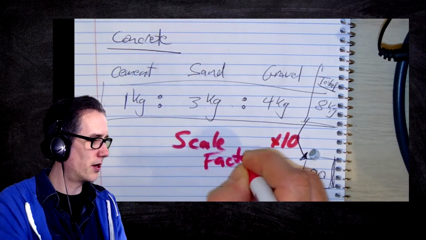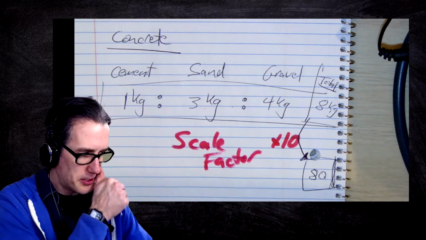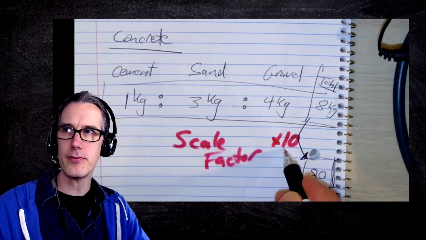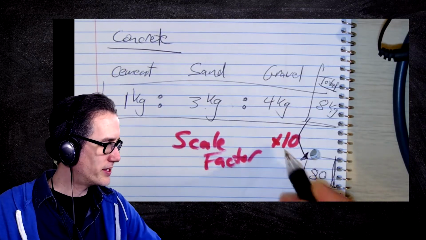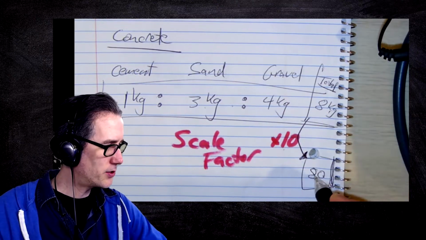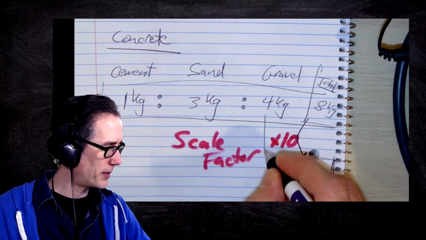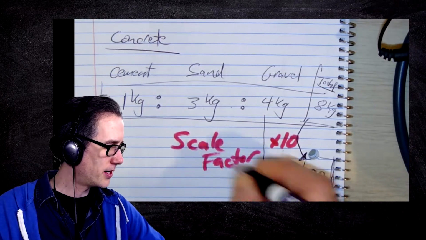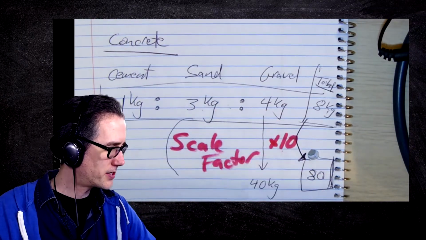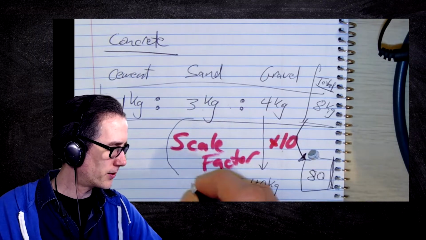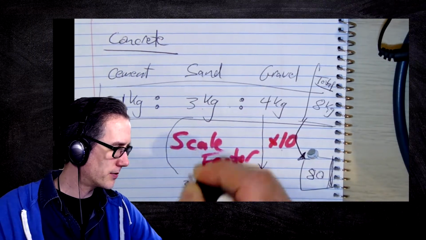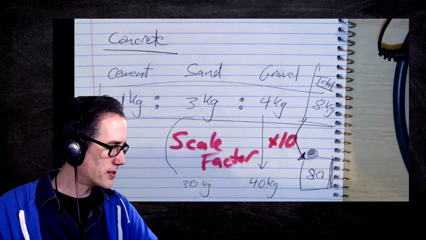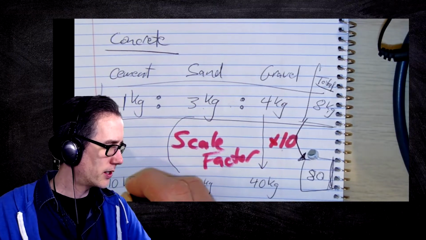It's 10 times, right? So, I increased this by 10 times, so that means I need to increase the gravel by 10 times as well, giving me 40 kilograms. Sand needs to increase by times 10 to be 30 kilograms. And my cement, my Portland cement, gets to increase by just 10 kilograms.